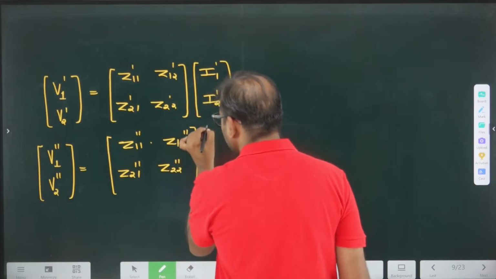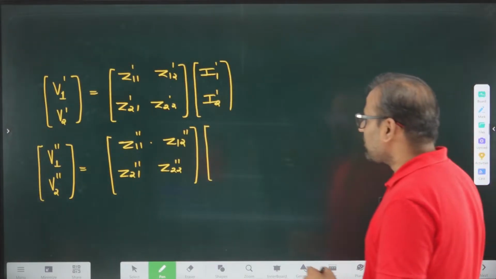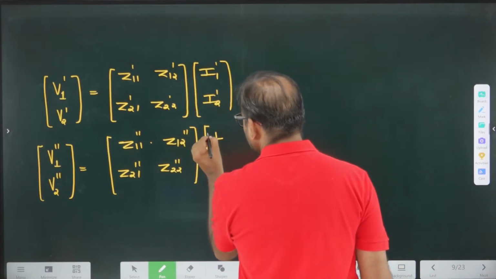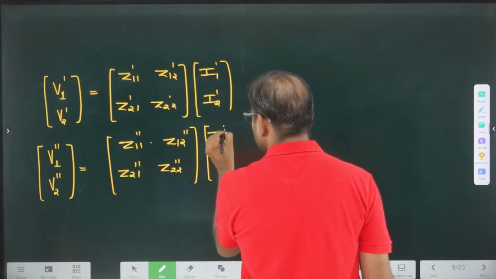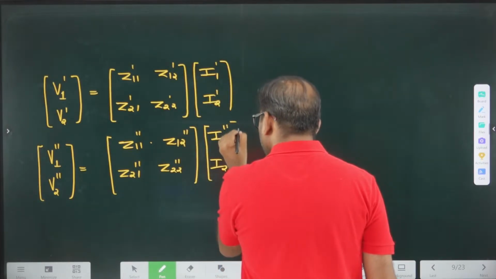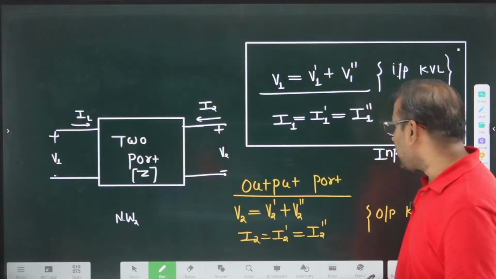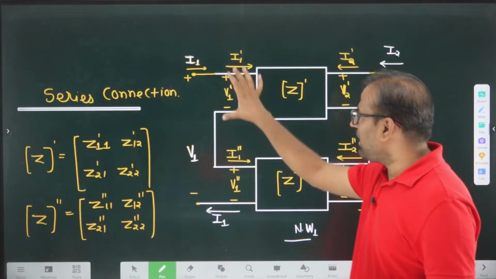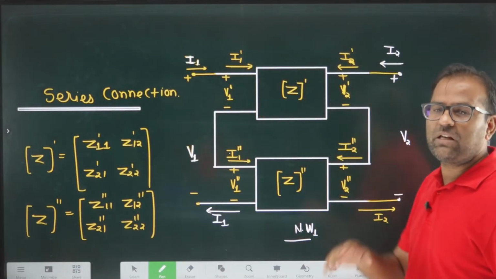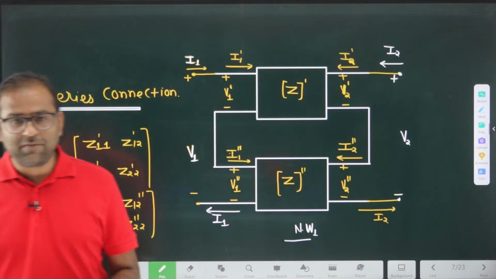And what are these values? These values are I1 double prime and I2 double prime. हमें यहां जो करंट लिखने पड़ेंगे वो करंट किसके लिए लिखने पड़ेंगे? दीज करंट्स आर द करंट्स ऑफ दिस टू पोर्ट. एंड फर्स्ट इक्वेशन में जो करंट लिखे थे हमने, दीज आर करंट्स ऑफ द फर्स्ट पोर्ट. तो बोथ आर वैलिड.